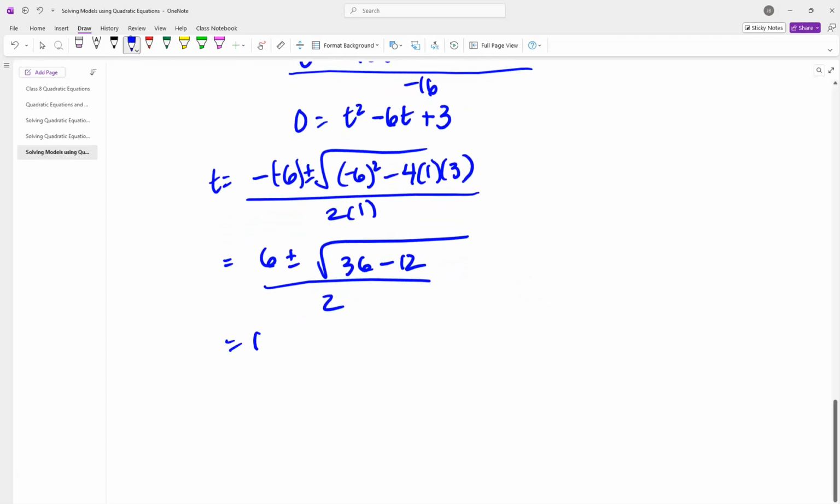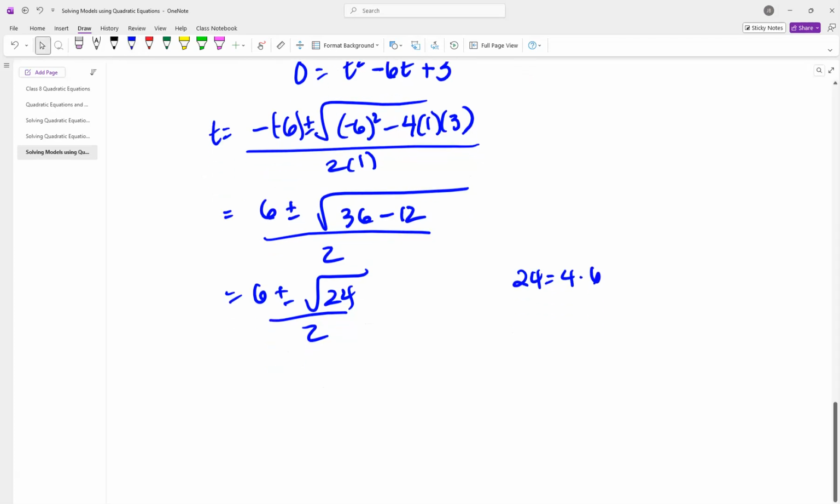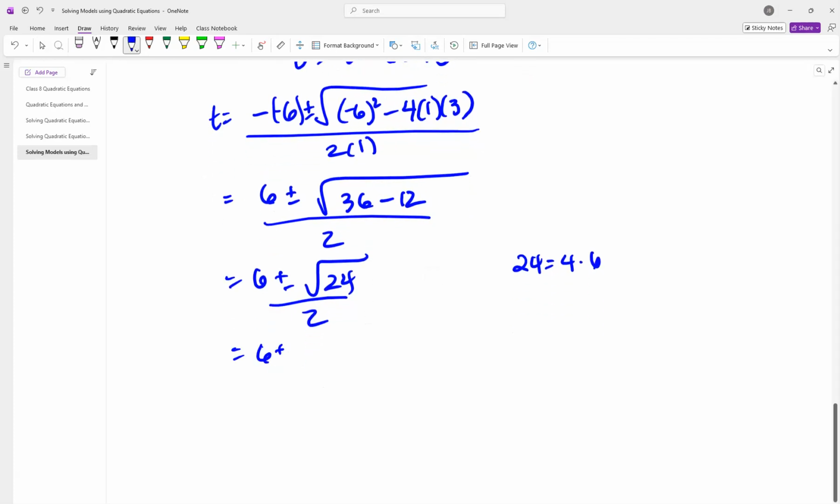Okay, 6 plus or minus square root 24 over 2, and 24 breaks down to 4 times 6, so I end up with 6 plus or minus 2 square root of 6, since square root of 4 is 2, all over 2. Then this simplifies to 3 plus or minus square root of 6. Actually, either one of these, if you do the math, will work.